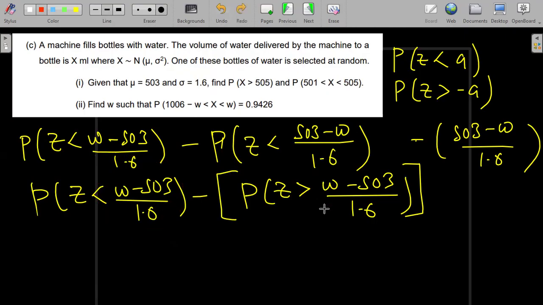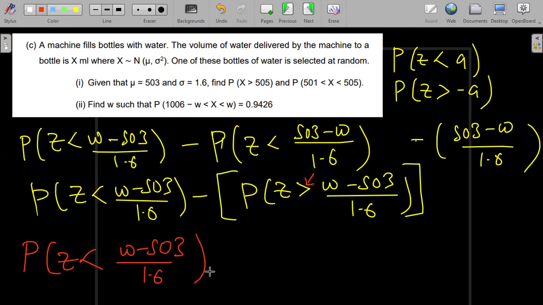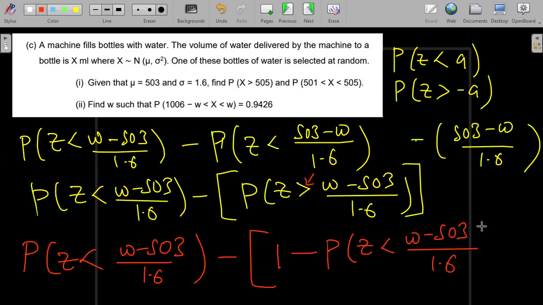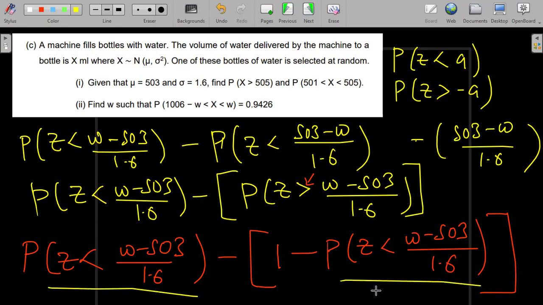Then from here, I'll use the complement rule. Whenever I have a greater than, I can write that as 1 minus the probability that Z is less than W minus 503 divided by 1.6. So now we see that this part and this part are exactly the same. We can distribute this negative, so it will be minus 1, and then plus this, plus that, to just be 2 of them.